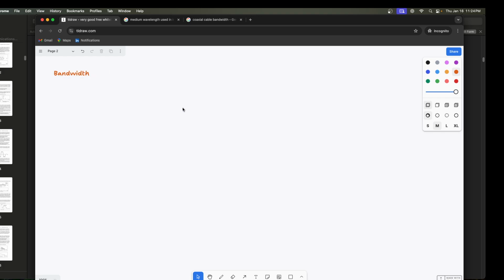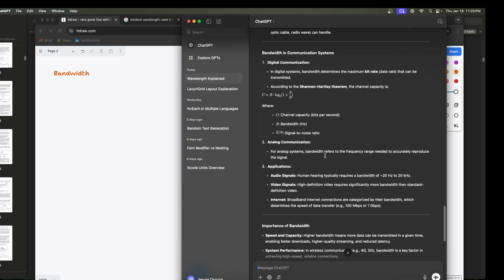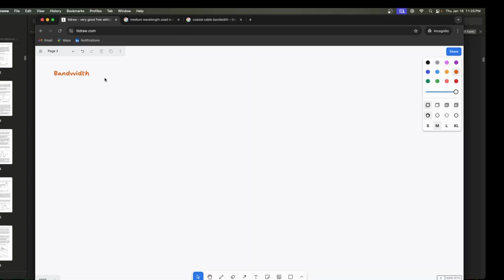Basically, it tells what frequency range and what distance the signal will be transmitted without any error. What frequency range should the signal be in, and what should be the distance.